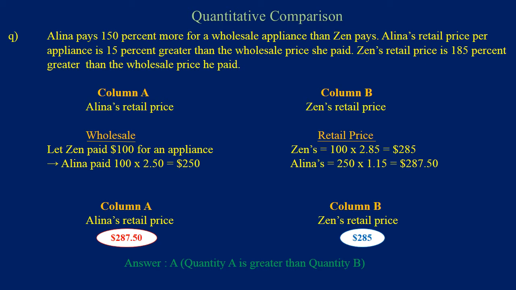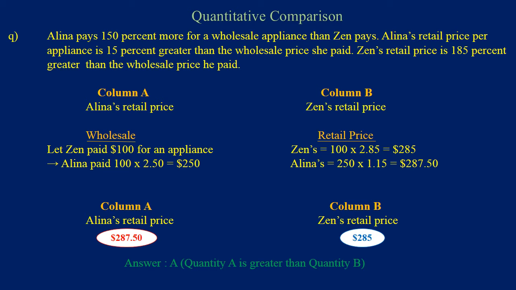So if Zen paid $100, then Alina paid 150% more, which means that Alina paid 100 into 2.50, which is equal to $250, right? 150% more means multiplying the original value by 2.50. Okay, now the retail price would change automatically.